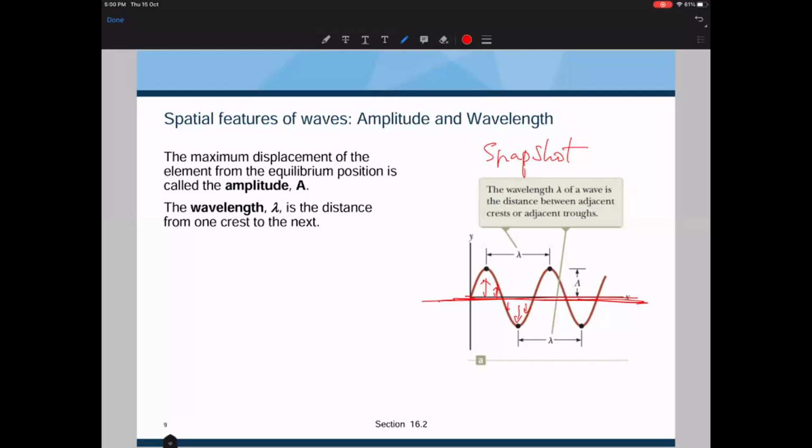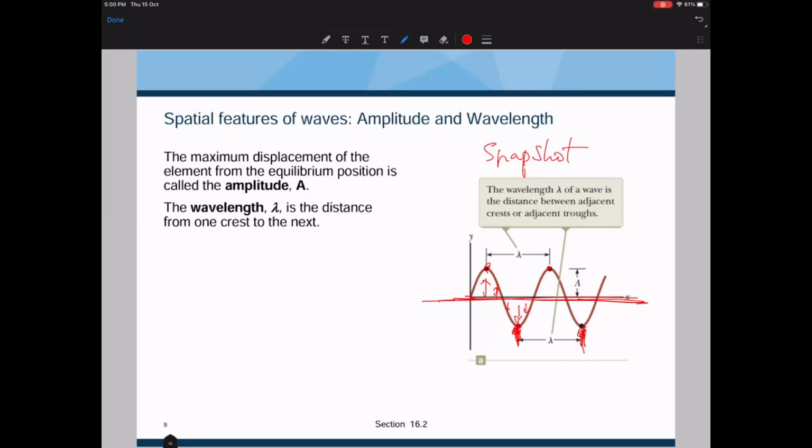In high school, you are told that the wavelength is the distance between the adjacent maximum points, which are crests, or the adjacent minimum points, which are troughs. That is correct, because when you move from here to here, everything repeats itself, and that is the minimum distance for the wave to repeat itself. So that is the wavelength.